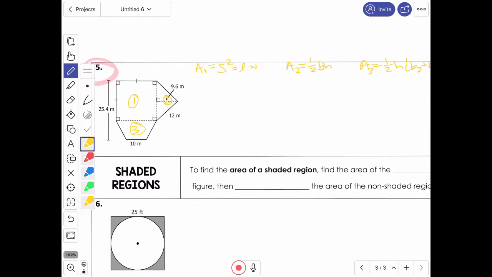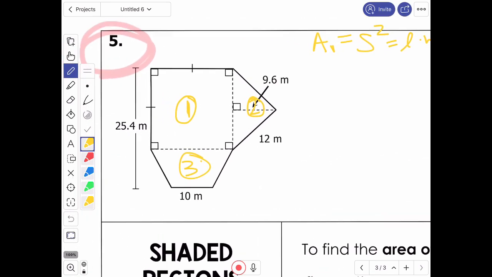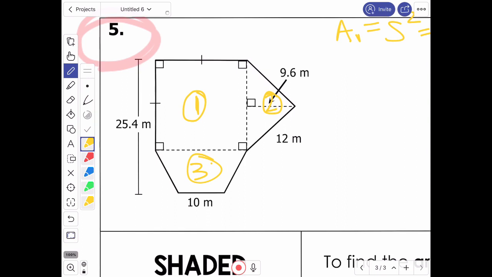Alright, so what do we know? Let's try to figure out more about this triangle over here, this guy. Because I'm told the height, and I'm told one of the sides, and if I try to figure out this square, I don't know what this height is here.